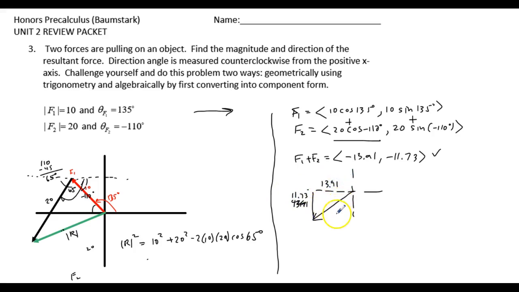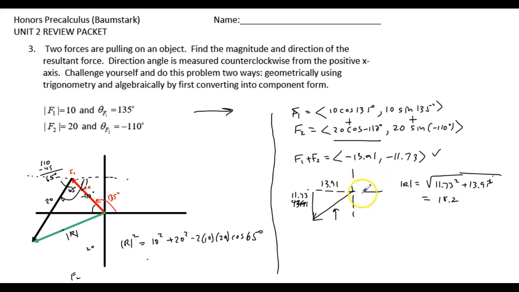You could use the Pythagorean theorem to get the length here. So the length of r is going to be the square root of 11.73 squared plus 13.91 squared, which you crunch through and get 18.2.